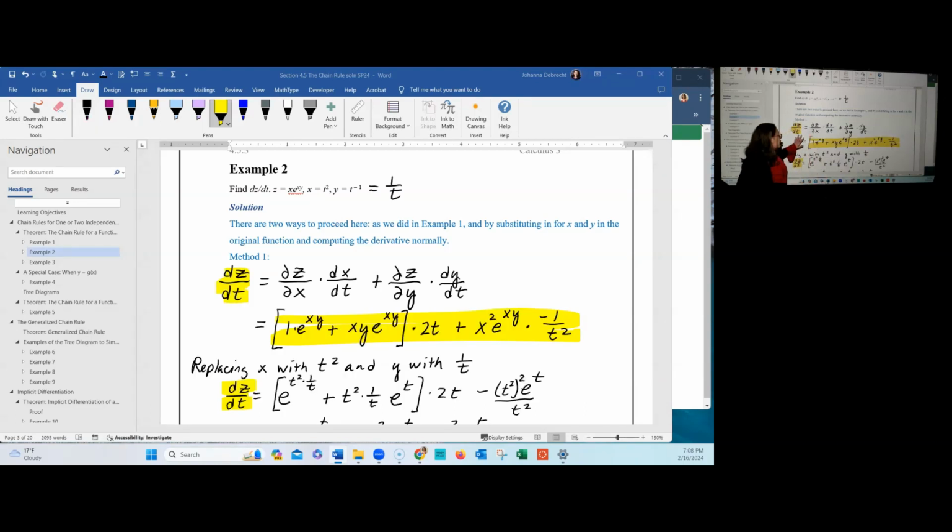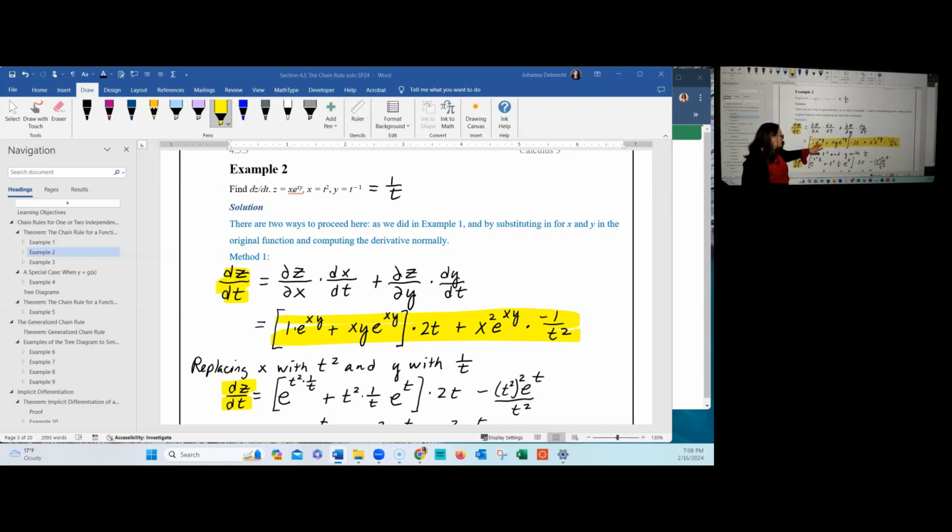In this case, I went ahead and did all of the chain rule within 1 line. I took the partial of z with respect to x, which invoked, of course, the product rule, since both the factor x and the factor e to the xy both depend on x.